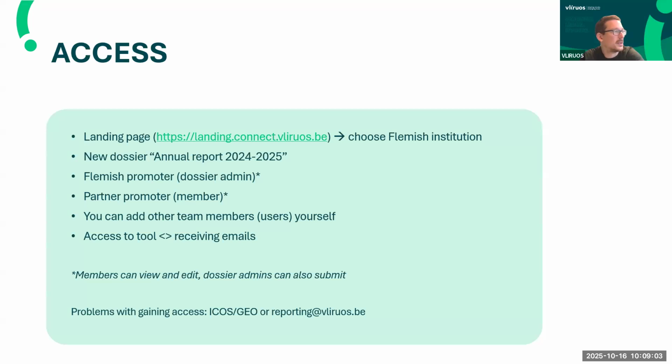Normally, I would expect anyone who has access to the tool to also receive the emails, but the email list is different. The email list starts at this point with all promoters. If you want anybody else also to receive the emails, you can, of course, contact us at reporting@viruros.be.